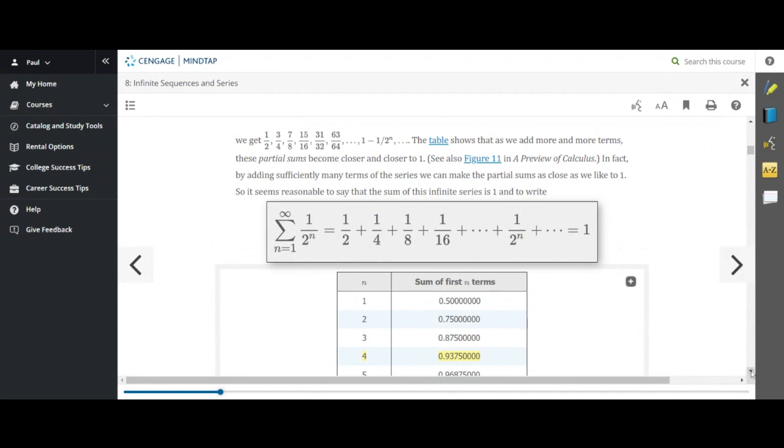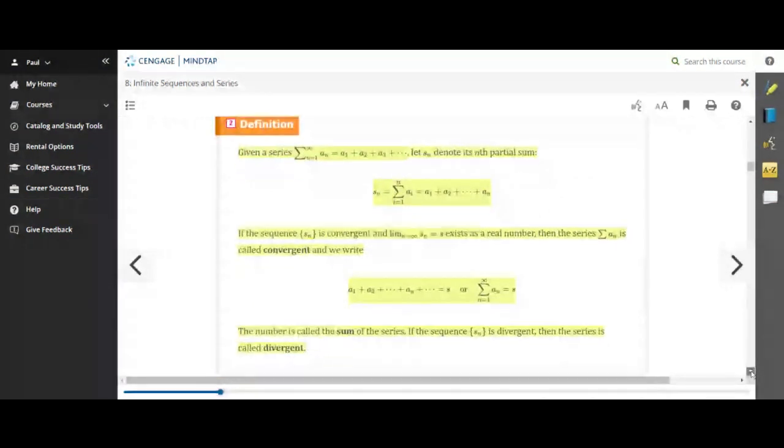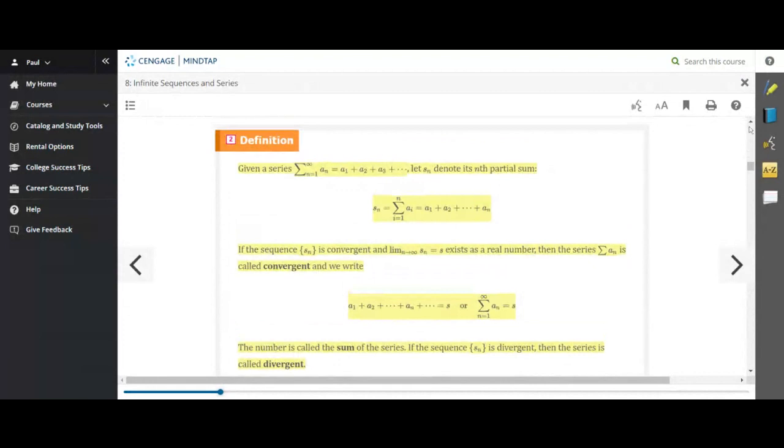They formalize it more here in this definition. You have an infinite series, and you denote the nth partial sum as S sub n, the sum of the first n terms.